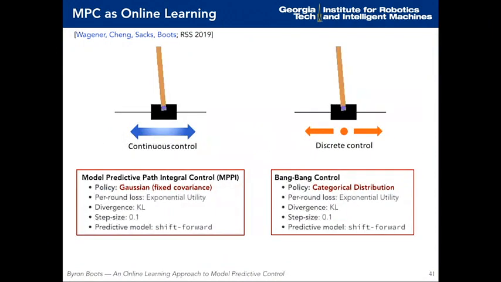Here's a simple example. You can tackle different cart pole problems with different versions of this framework. If the cart is actuated with continuous controls, you can use a generalization of model predictive path integral control with varying step size. But if the cart has discrete controls, you can simply swap out the Gaussian distribution for a categorical distribution, and exactly the same algorithm will work.